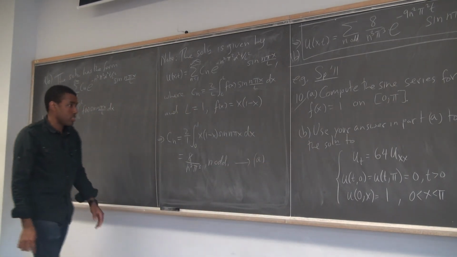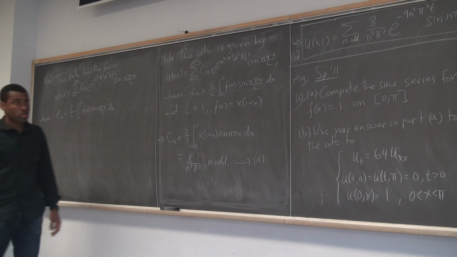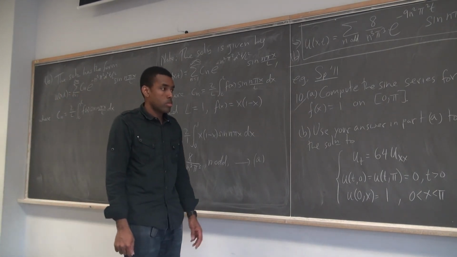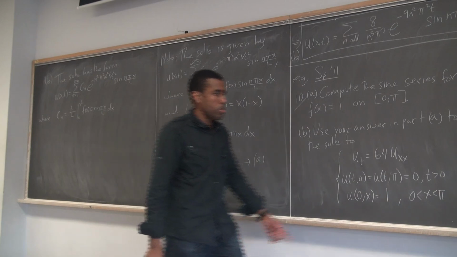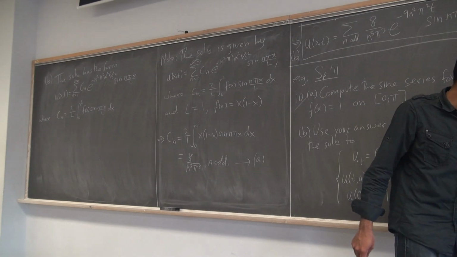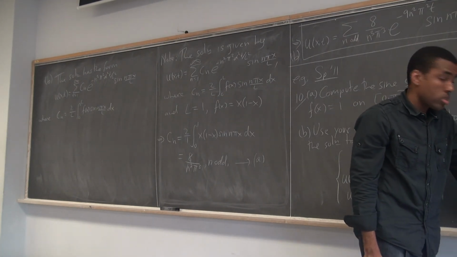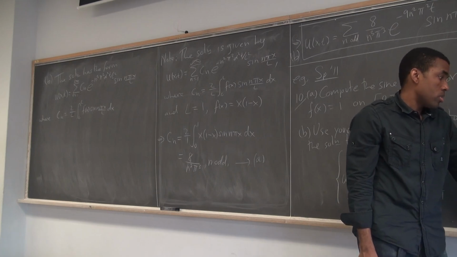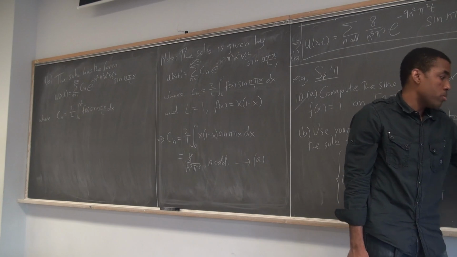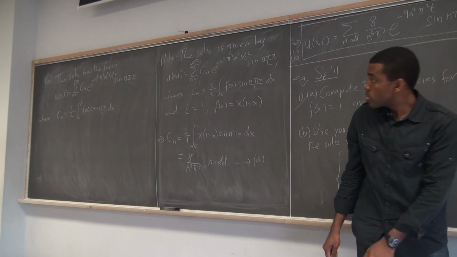Notice that our L and everything is the same, so in part A, we're going to use the answer. That's why they say to use the answer to part A. I think we need to write down 2n minus 1 instead of n, because the n over here is different from the n over there. I'm summing over odd n, so it applies to everyone in the series. When plugging into part B, we need to use 2n minus 1 instead of n, because the n in the exponential is different.